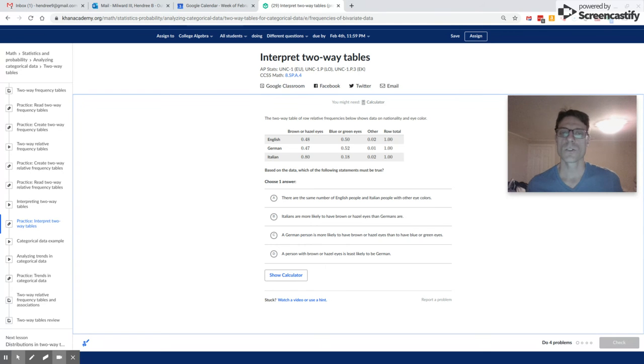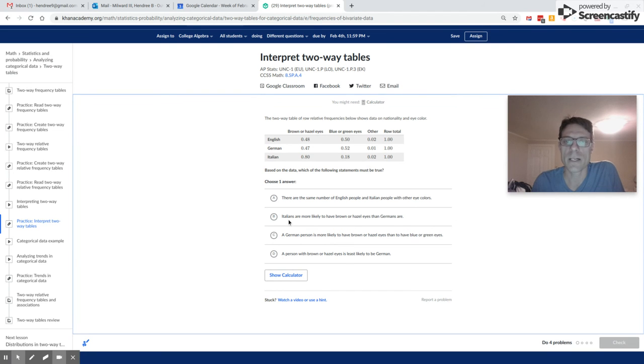So we don't know whether it's true or not. It could be if they're the exact same size, which is unlikely, but if they're different sizes, then that's not true.